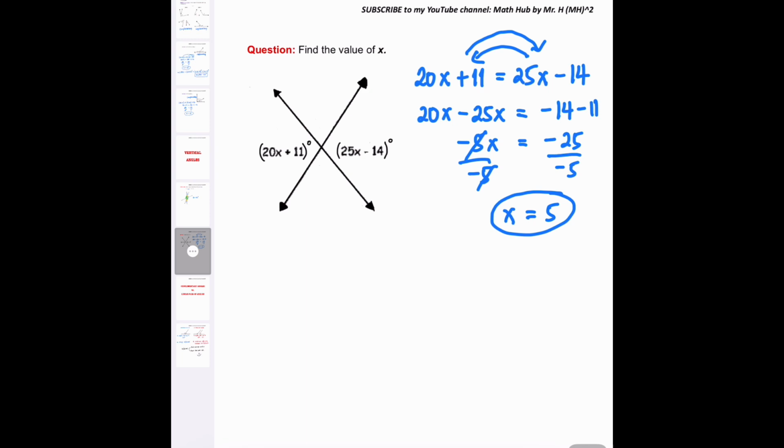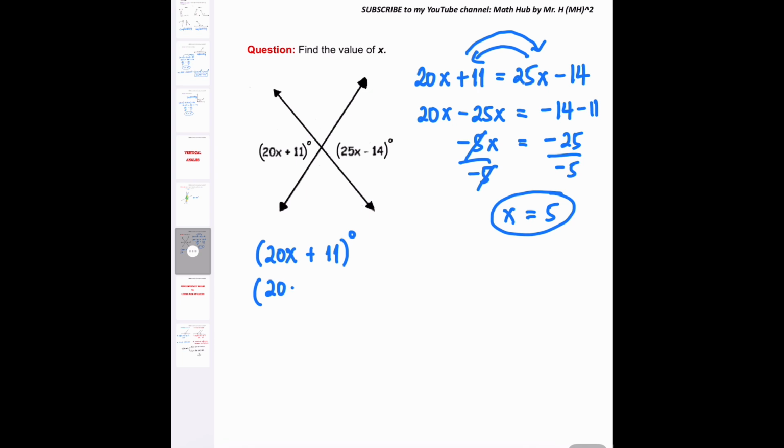Now, if we want to know the actual measure of the angle, we simply substitute the value of x that we got into the expression. We take 20x plus 11, and from here we substitute 5 for x.